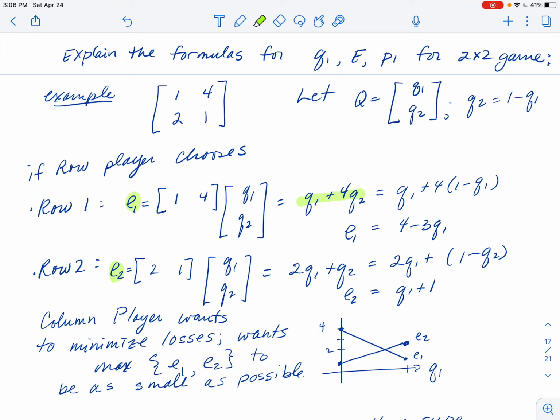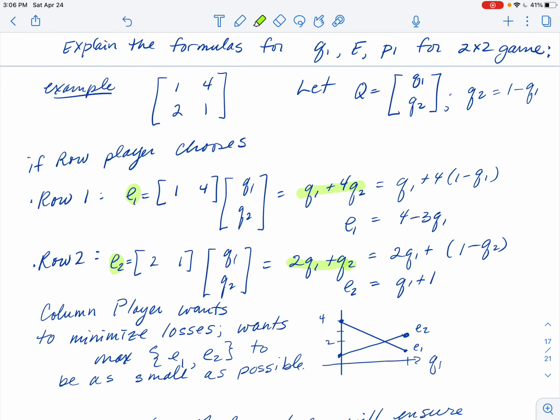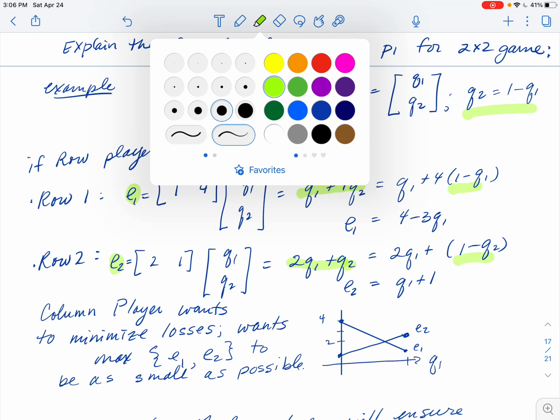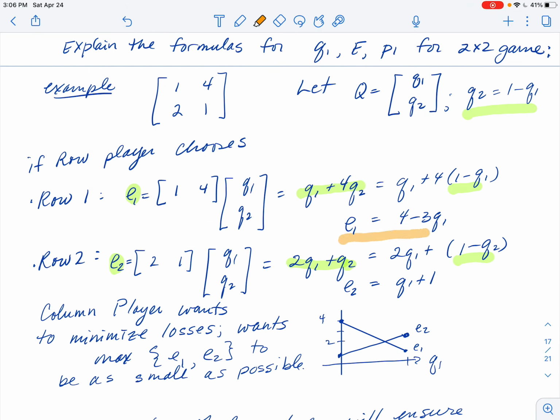So we'll choose the second row, 2, 1, times that Q column matrix, and we would have this second E2 right here, which is 2 Q1 plus Q2. Now remember up here that Q2 is the same as 1 minus Q1, so we've made that replacement here, and we've come up with some simplified versions for E1 and E2.